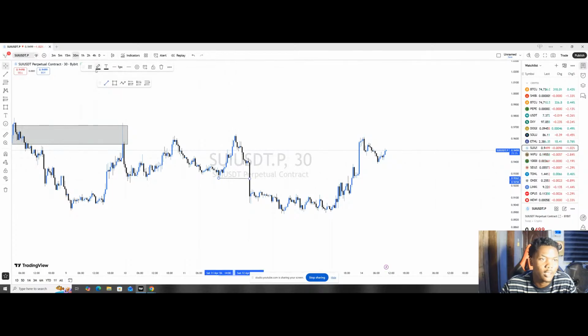I'm sorry, on the 30 minutes time frame right now, the market actually set this. It's like a small weak high. So now price is reacting from this point.